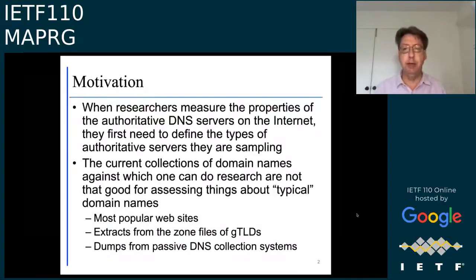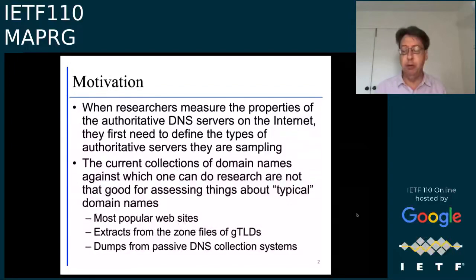So the kinds of lists that people use, like I say, are the most popular websites. And if you don't know about Tranco, you should definitely look at the old MAPRG slides on that. The other one that people use is they extract all of the gTLDs, the generic top-level domains.